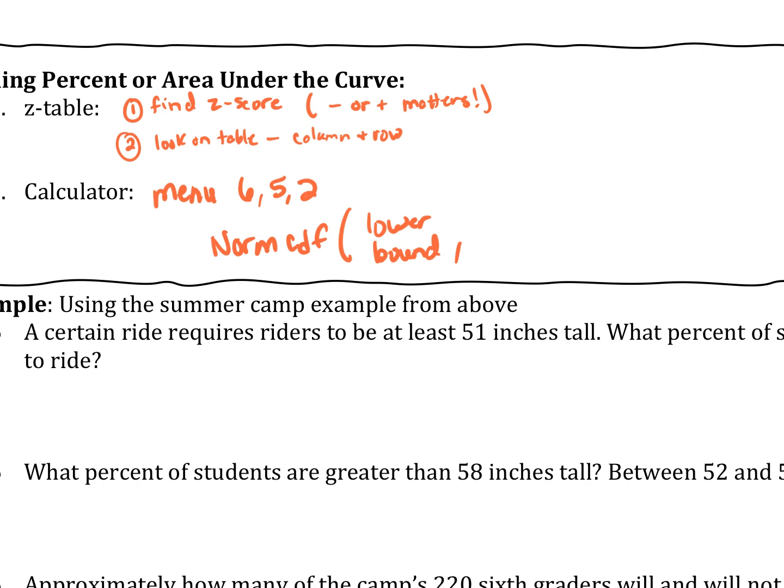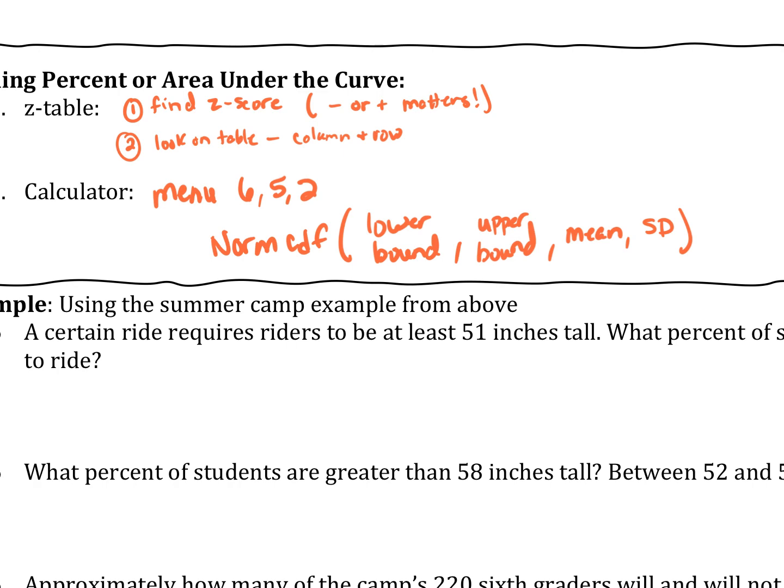The nice thing about the graphing calculators now is that it puts it in order. It's asking you for your lower bound, and we'll talk about that in just a second, and then your upper bound. Those values are going to be given in the problem, and we'll look at that also. And then it asks for your mean, and then your standard deviation.